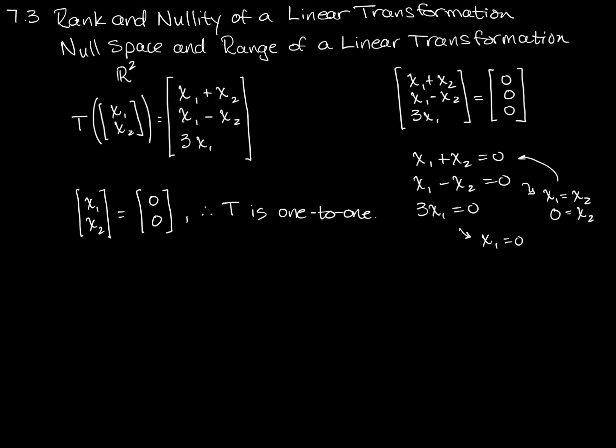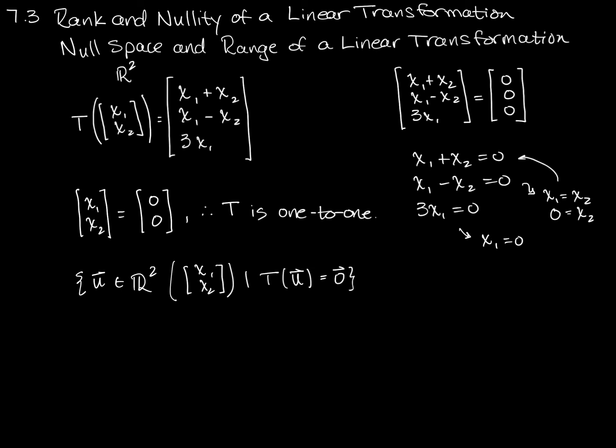And the thing to remember here is what this collection of vectors is, how do I say this? The set of all vectors, I'll say u in R2, such that the transformation of u equals the zero vector.